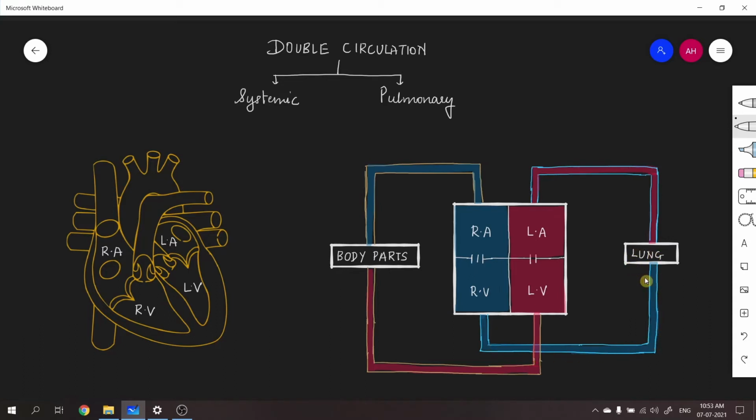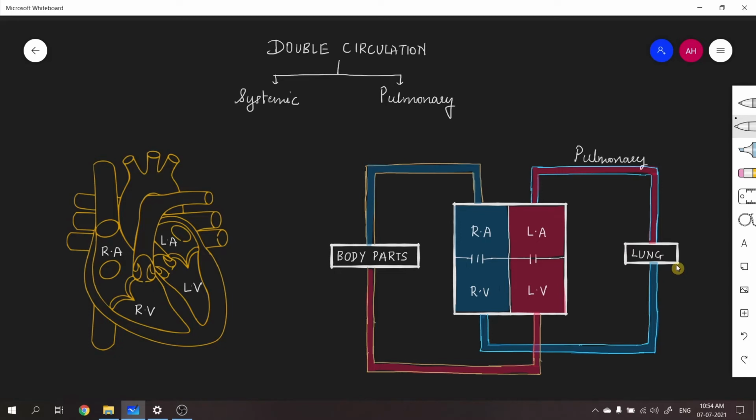In the lungs, it gets oxygenated, and the oxygenated blood comes back to the left atrium of the heart. This circulation, starting from the right ventricle through the lungs back to the left atrium of the heart, is called pulmonary circulation. It's called pulmonary circulation because it involves the lungs. All right, so let me label that here. This is called pulmonary circulation.